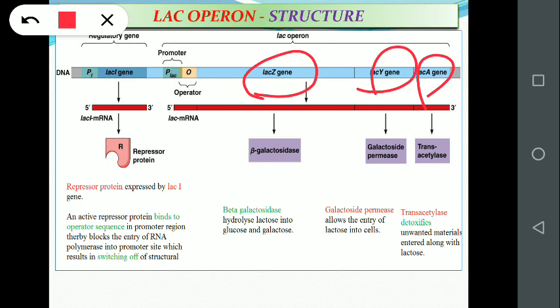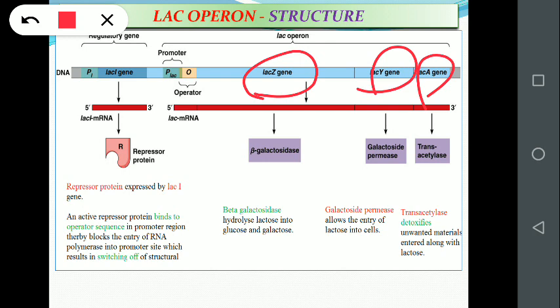Therefore only one switch is there to switch on all the three genes, and suppose if there is no lactose, then that same single switch is switched off to switch off all the three structural genes. But in case of eukaryotes, you won't find these kinds of operons.